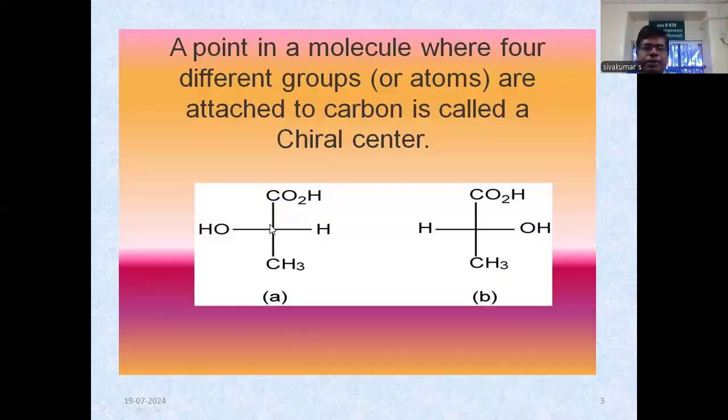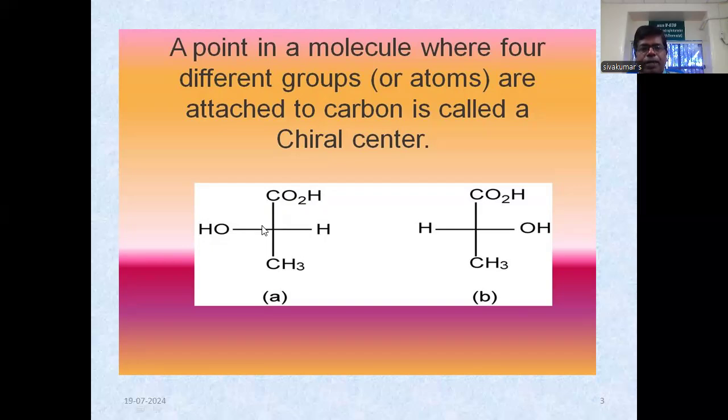Here in this example, lactic acid, the carboxylic group is placed at the top position, at the bottom the methyl group, and on the left and right sides the hydroxyl and hydrogen atoms are placed. So this is the central carbon atom. The central carbon is said to be an asymmetric carbon or chiral carbon because this carbon's valency is 4.